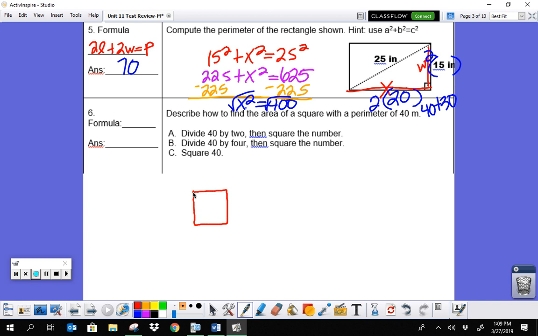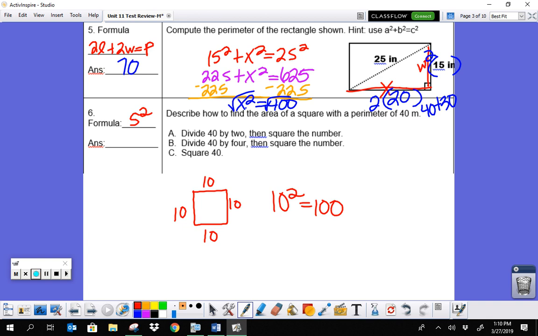Think about, if the perimeter of this all the way around was 40, that means every side is going to be 10 because I need to divide by 4 to get how many sides there are. Okay, and then the formula for the area of a square is side squared. And so what we would now do is do 10 squared, and so it would be 100.